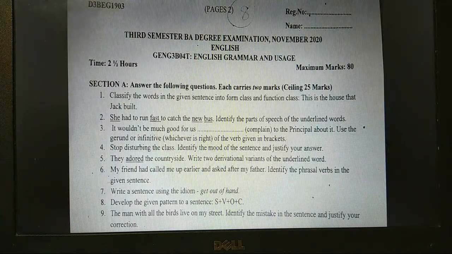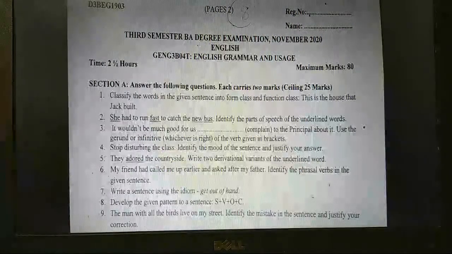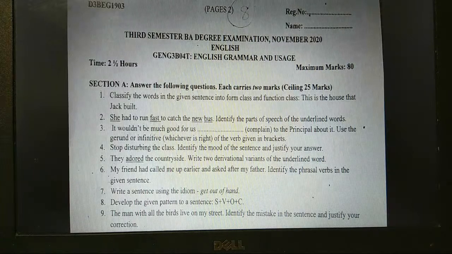When you answer the question, please ensure that you are writing very neatly and keep enough margin, a 1-inch margin. Then put the question number, section A, number 1.